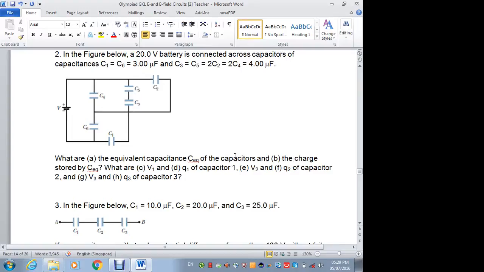Which is the other C3, C5. Right. Again, the C2 is actually drawn over at the side, but you can draw it over this part.